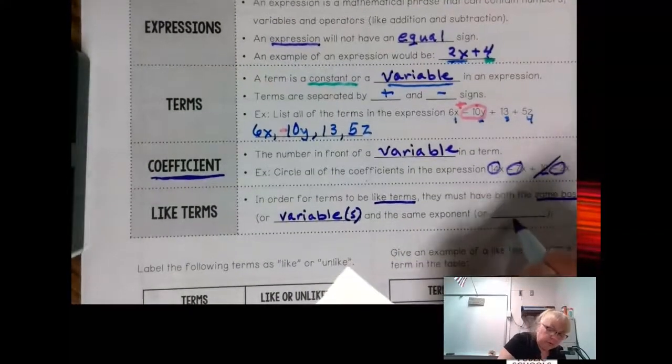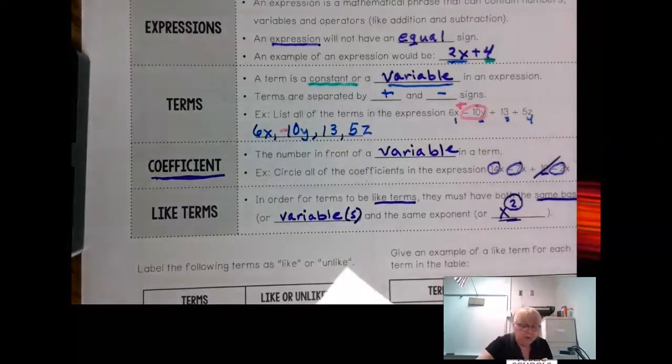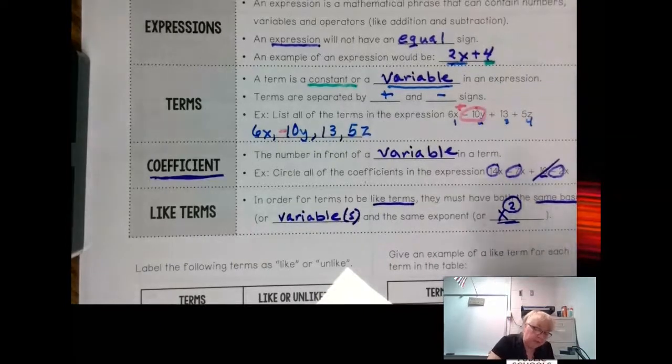Our exponent is like this, x squared. That 2, the squared, is the exponent. So if you have an x and you have an x squared, it's not going to be a like term. So let's look at the next part, and I want you to answer before I give you the answer.